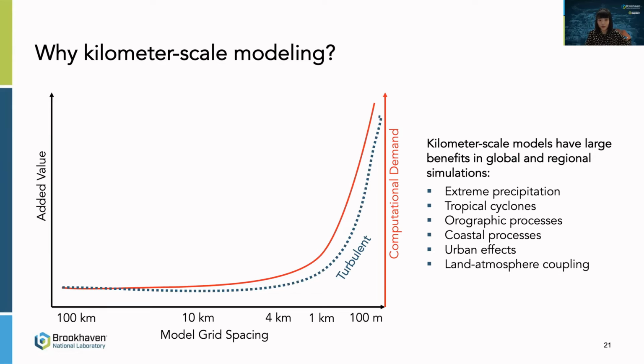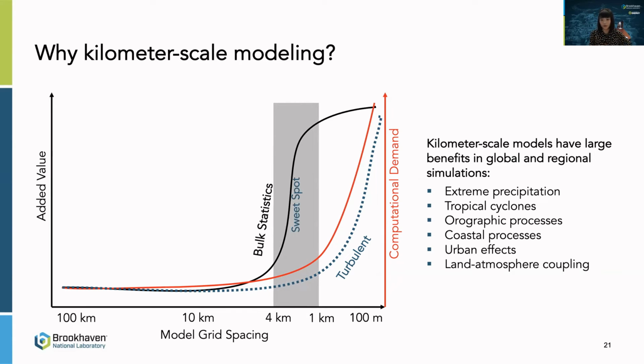But from previous studies, we learned that those MCS bulk properties tend to converge at a resolution between 1 kilometer and 4 kilometers, and further refining the resolution doesn't add too much value to these properties. So we find a sweet spot here combining all these factors.